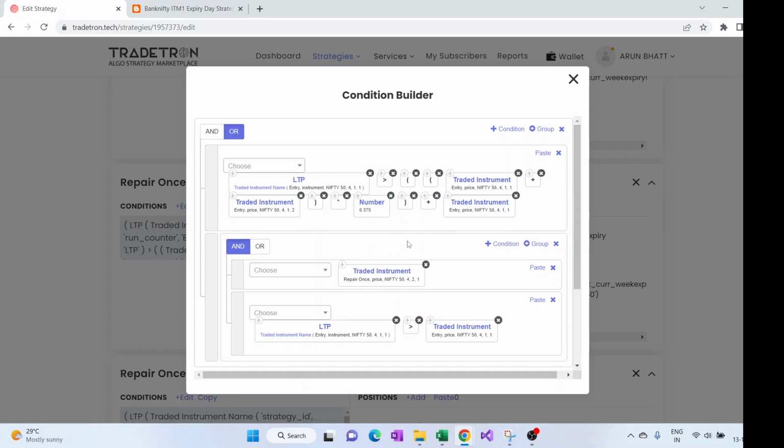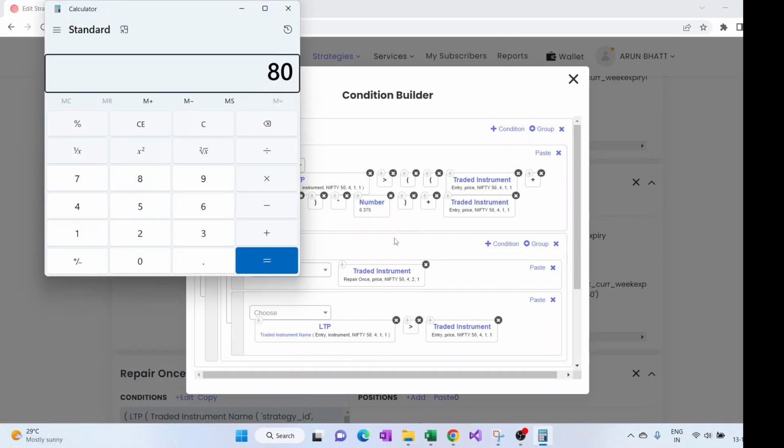So it will sum them up, like say 30 and 50 is the premium, so it becomes the combined premium, and 75% of it is 60. So it will break it down into half, which is 30.